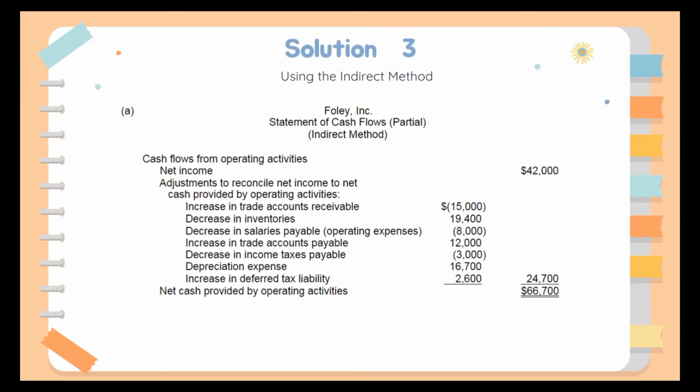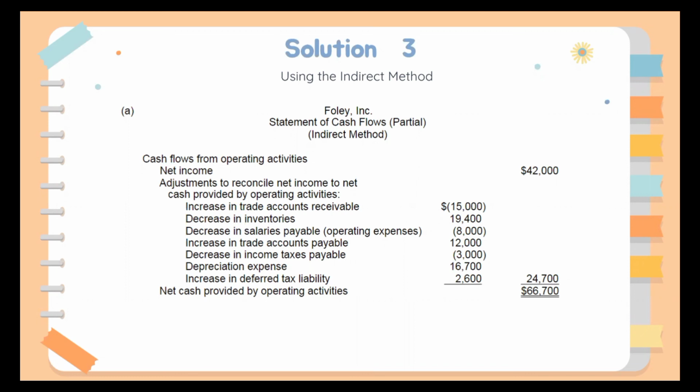For the decrease in salaries payable naman, decrease siya kasi nga, di ba, pag decrease in operating current liabilities, yun yung deducted din. Pag increase naman in current operating liabilities, increase siya. Direct relationship yun. Tapos, pag decrease in income taxes payable, decrease din siya kasi nga direct relationship.